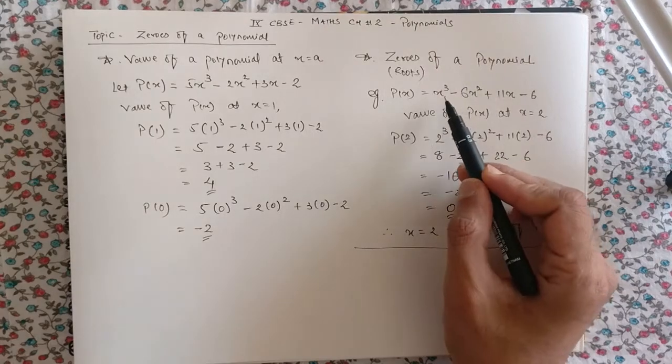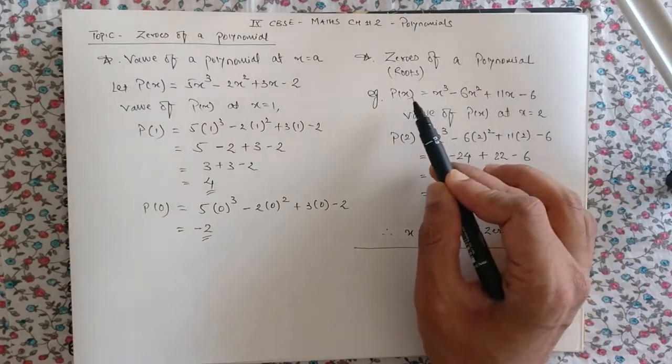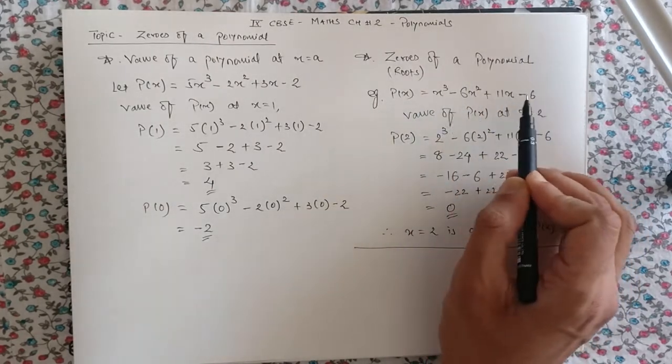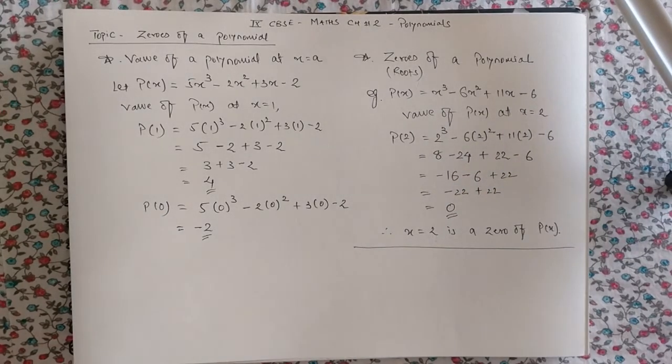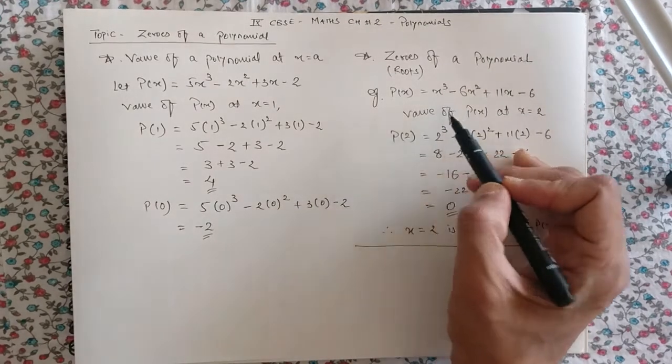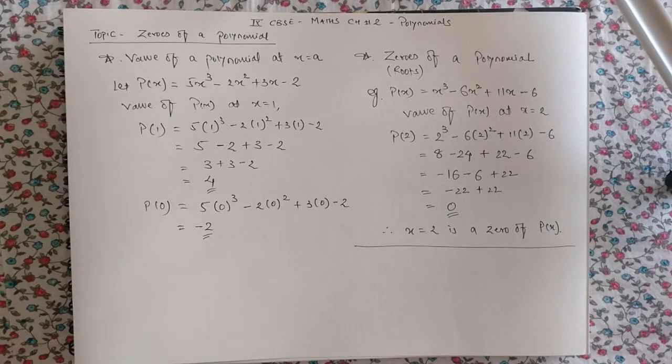What is the power or degree of this polynomial? What kind of polynomial is this? This is a cubic polynomial. Highest degree is 3. So how many zeros, how many roots will this polynomial have? This polynomial will have 3 zeros or 3 roots.